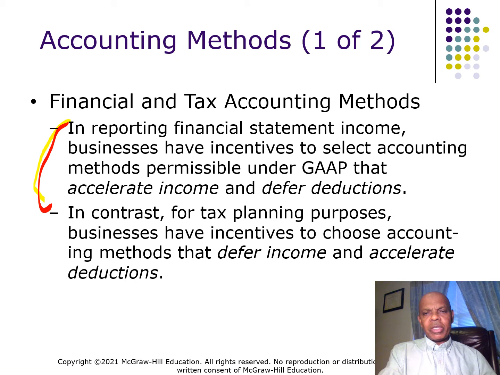Fewer deductions, fewer expenses, means higher income. That's what they want, but only for financial accounting purposes. For tax purposes, they want the other way. They don't want to include income. They want to defer income and accelerate deductions. That's the difference between tax accounting and book or financial accounting.